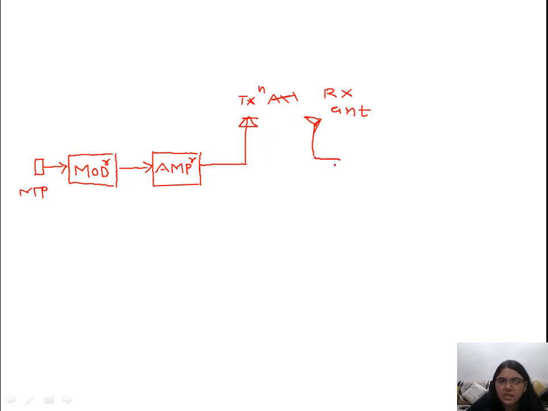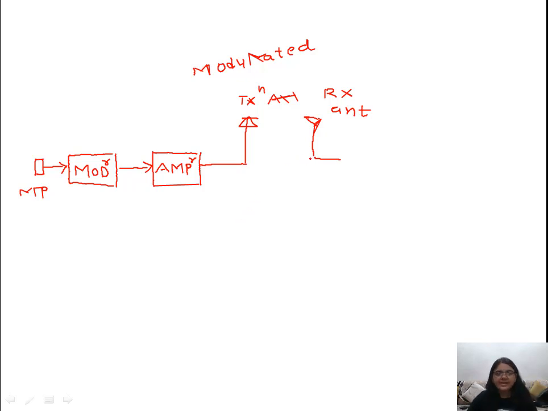Now the amplified signal is a modulated signal. The modulated signal consists of the carrier signal and the modulating signal.